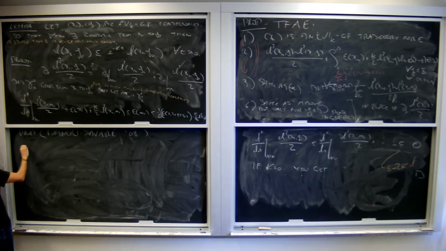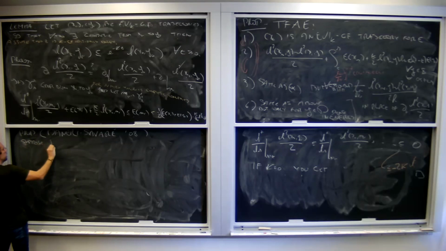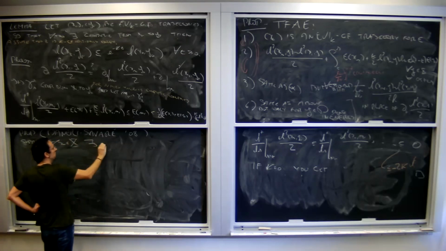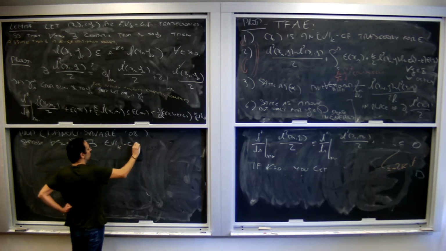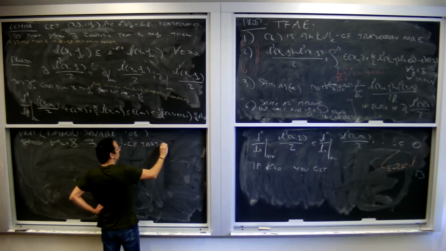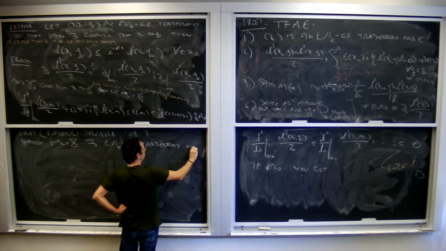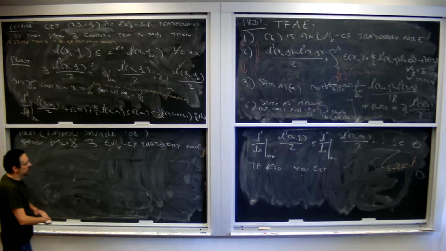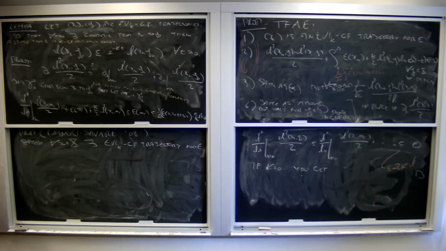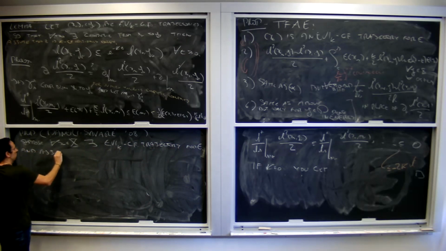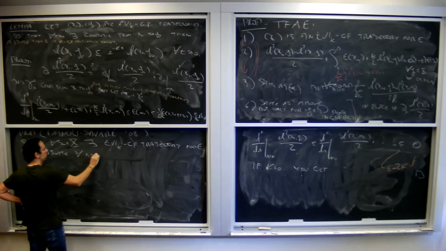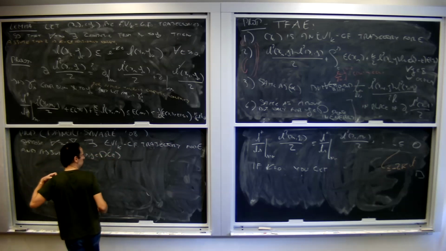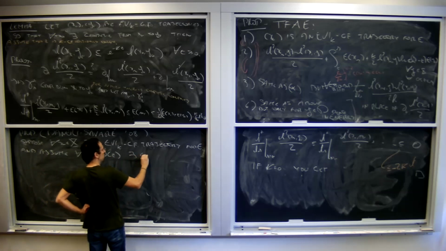Suppose that for every x in X there exists an EVI K gradient flow trajectory for E, and assume also that for every x, y in the domain of the energy there exists a geodesic connecting them.